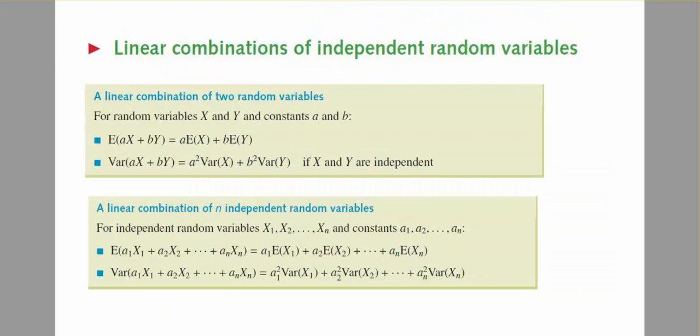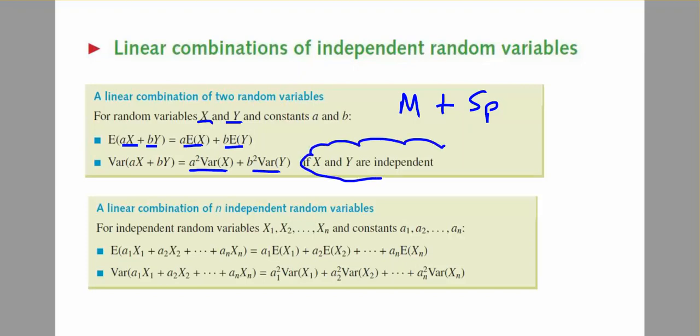So if I have, like my example before, the amount of maths homework plus the amount of spec homework, I've actually got the expected value of x plus y, and I can work out the expected value by taking the average of each of them separately, and the variance will be the variance of each of them separately. That's if x and y are independent. That is, they have no connection between each other.